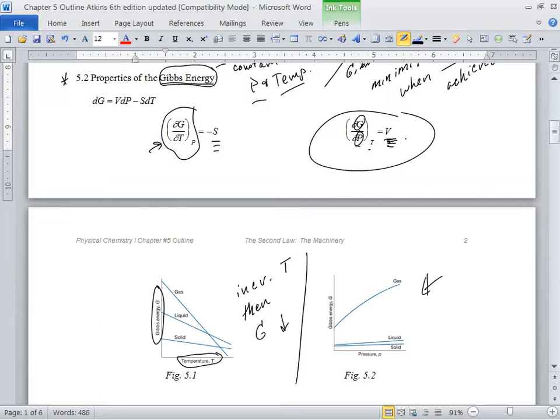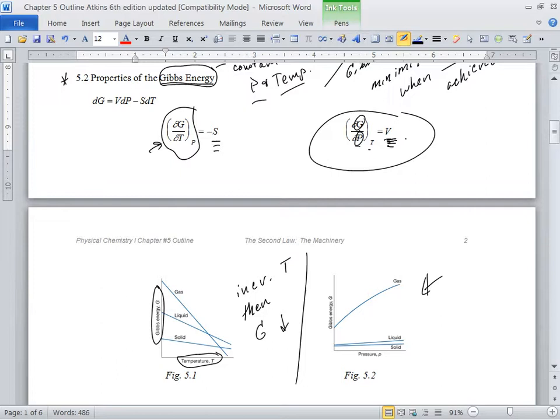For solids and liquids, is the volume changing? Not much. Is a solid or a liquid compressible? No. We already know that. You can apply as much pressure as you want, and they're not going to change volume. So it's just a roundabout way of saying solids and liquids are incompressible. But gases you can compress, so the effect on volume is going to be huge and dramatic. That's what it's saying.